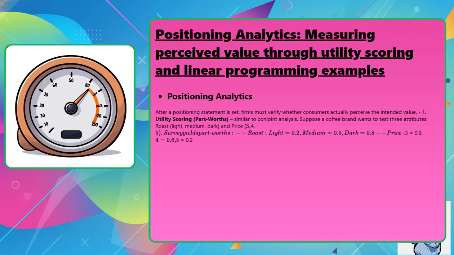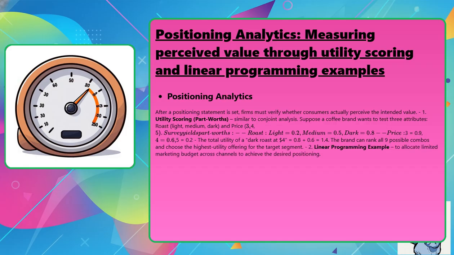Price: $3 equals 0.9, $4 equals 0.6, $5 equals 0.2. The total utility of a dark roast at $4 equals 0.8 plus 0.6 equals 1.4. The brand can rank all 9 possible combos and choose the highest utility offering for the target segment.